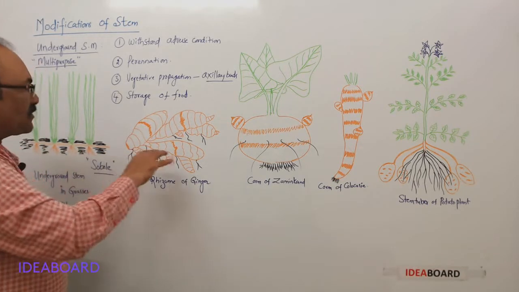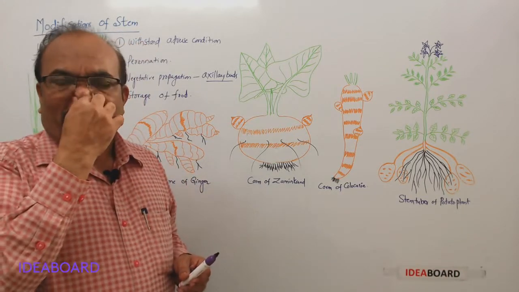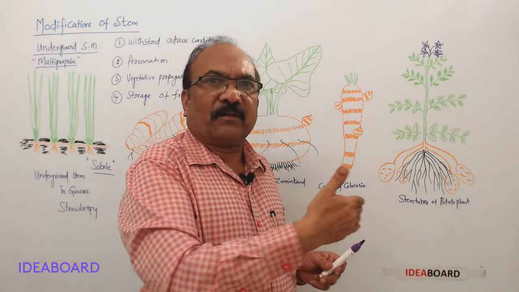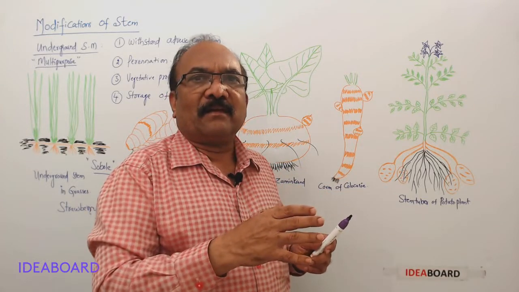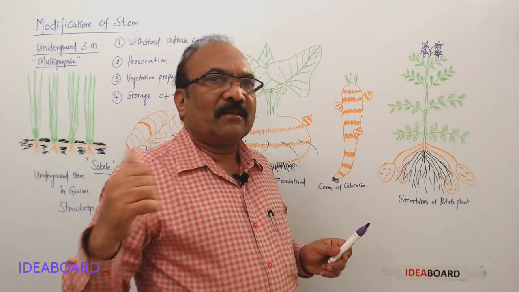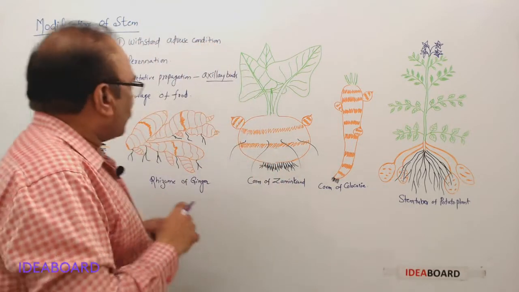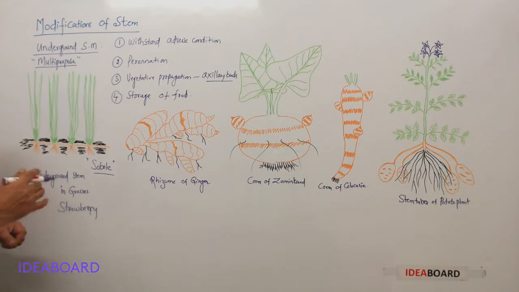Once it reaches the new place, the old portion dies and the new portion survives. Like that, the new portion continues to grow, and after reaching a new area, again the old portion dies and the new portion survives. That is what happens in strawberry too, with the help of the underground stem moving from one niche to another. That is the underground stem in grasses and strawberry.